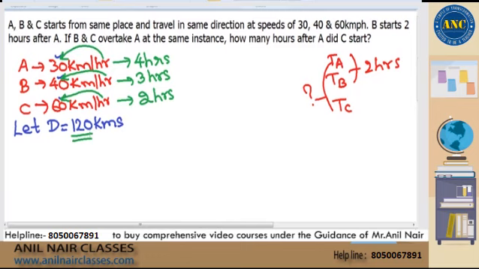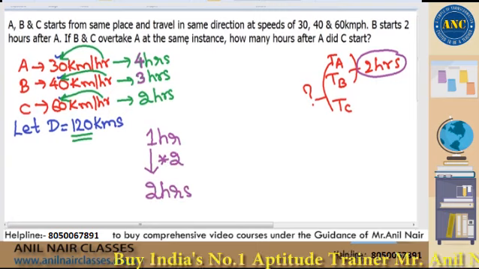According to my assumption the time difference between A and B is 4 hours, 3 hours, that is 1 hour. But according to the question, the time difference between A and B is how many hours? It is 2 hours. 1 should become 2.